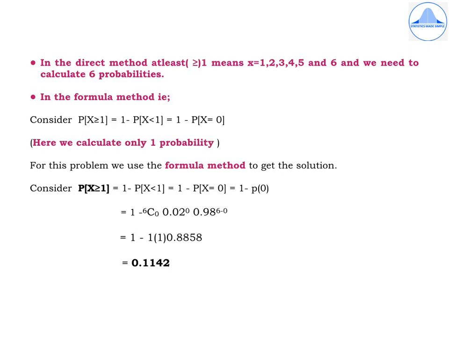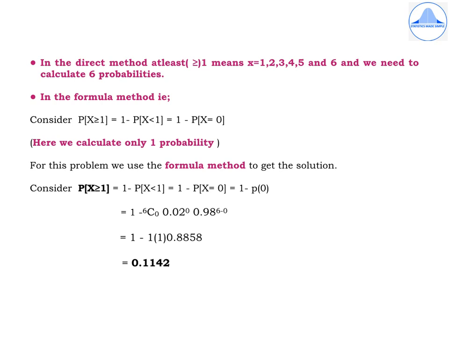We need to find out the probability that at least one of the selected bulbs is defective. At least one means greater than or equal to 1. In other words, x will take the values 1, 2, 3, 4, 5 and 6, and we will have to calculate 6 probabilities, which is obviously going to be very time consuming. Now let's check what will happen if we use the formula method.